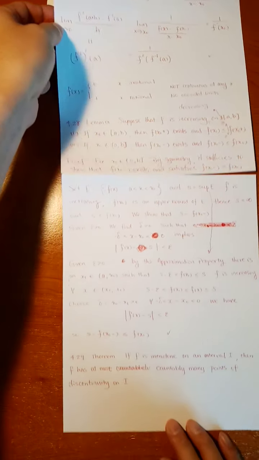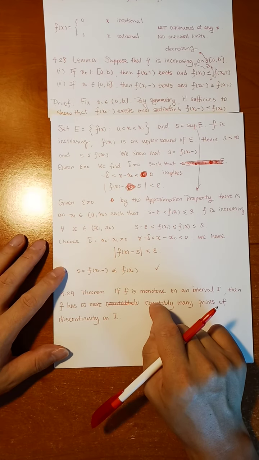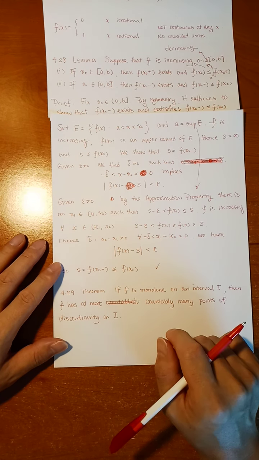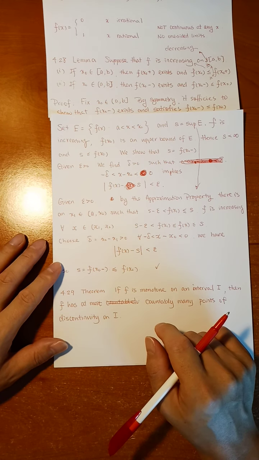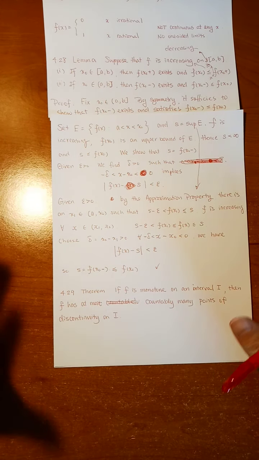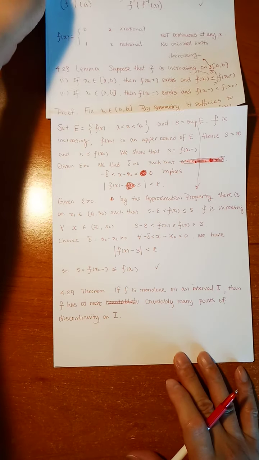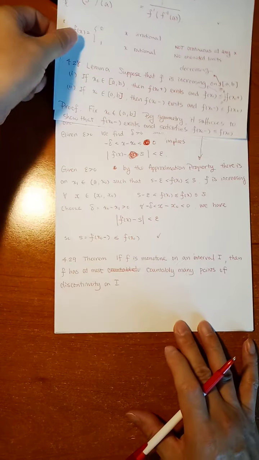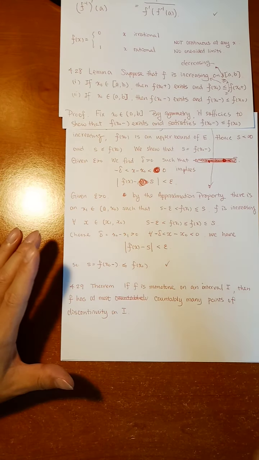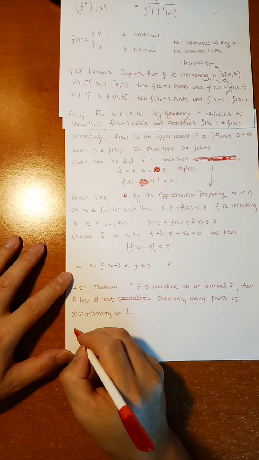But Theorem 4.29 claims that if you have a monotone function, you can have at most countably many points of discontinuity. Countably many and uncountably many, there's a big difference. So we will see that a monotone function is relatively good.